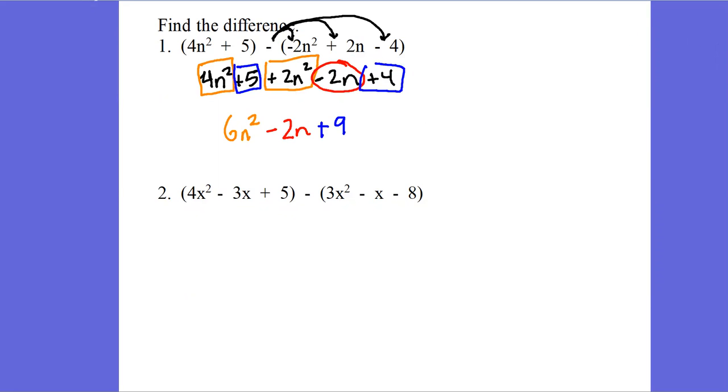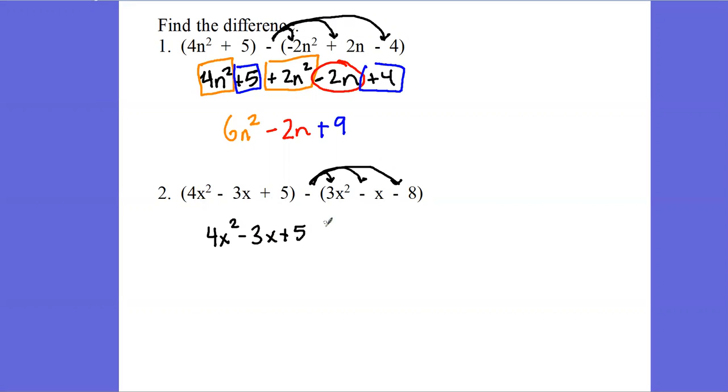One more example. We have 4x squared minus 3x plus 5 minus the quantity 3x squared minus x minus 8. So once again, we need to make sure that we distribute this negative. And actually, let me this time write this in 2 steps just to make sure this is super clear.